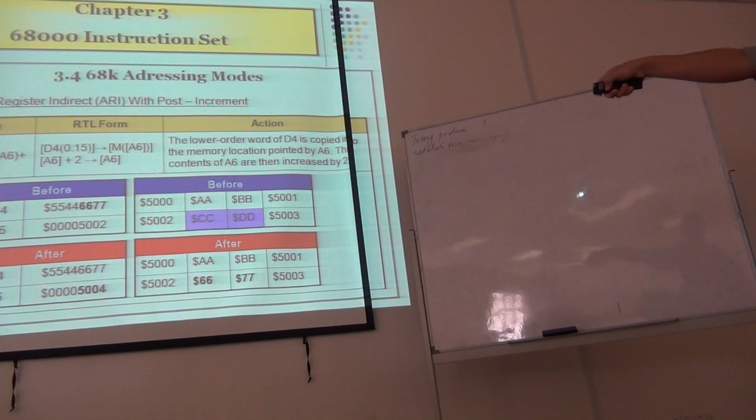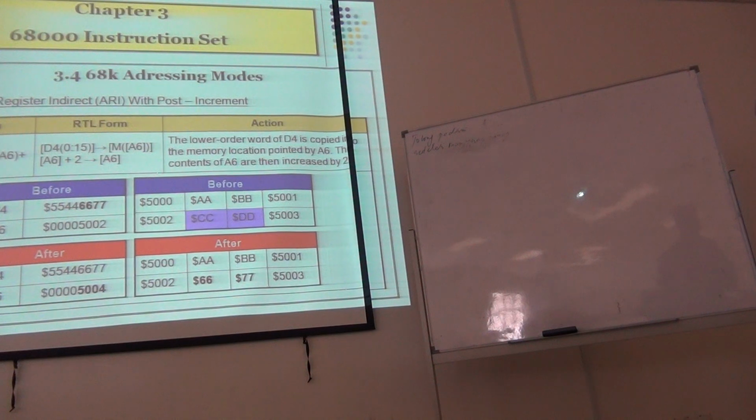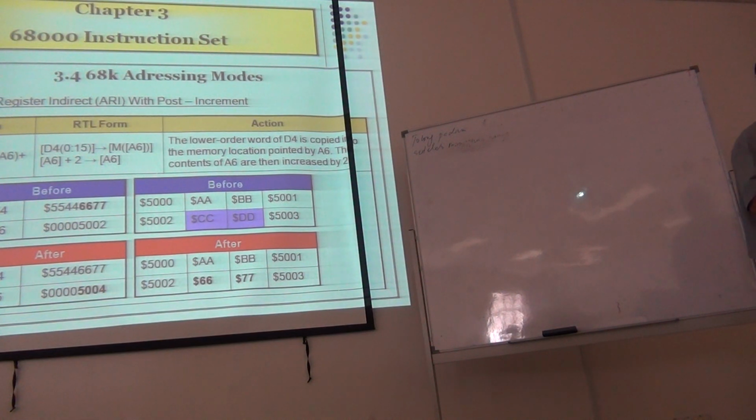Plus and W, W plus 2, right? If it is without the sign plus, without the sign, it will still be the same. Without the sign plus, it will be the same after indirect. Without plus, of course, you are not changing anything. Betul tak? Without plus, you are not doing anything. This is actually for the post increment. Yeah, you have to go through the last one.